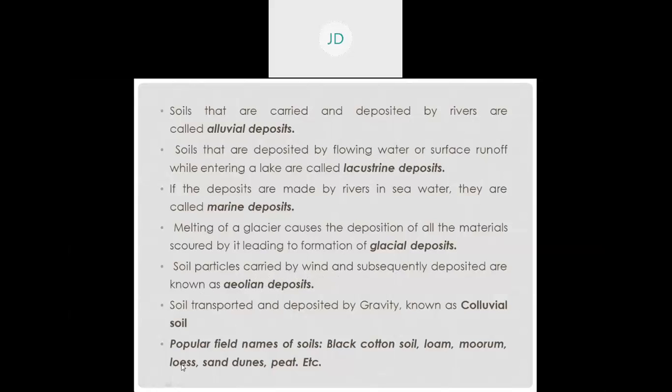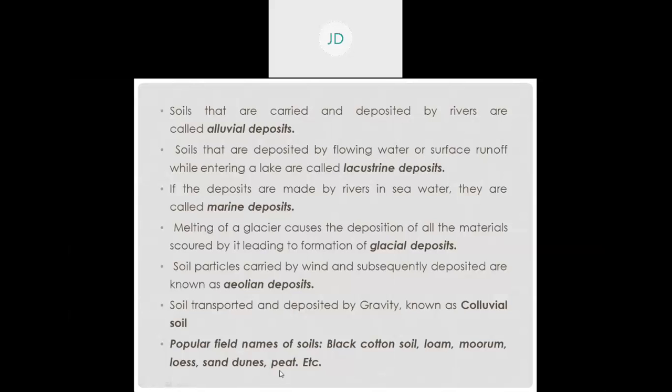Loess is an aeolian deposit containing silt-sized particles. Then sand dunes are also aeolian deposits, and their particle sizes are almost the same.